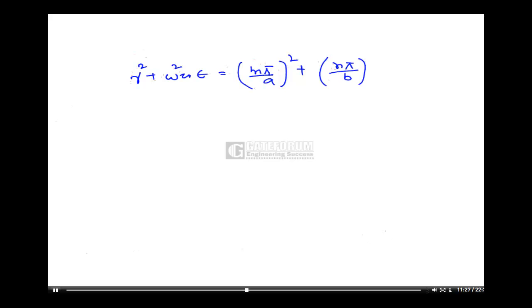We know that one important relation has already been given: gamma square plus omega square mu epsilon is equal to (m pi by a) whole square plus (n pi by b) whole square.